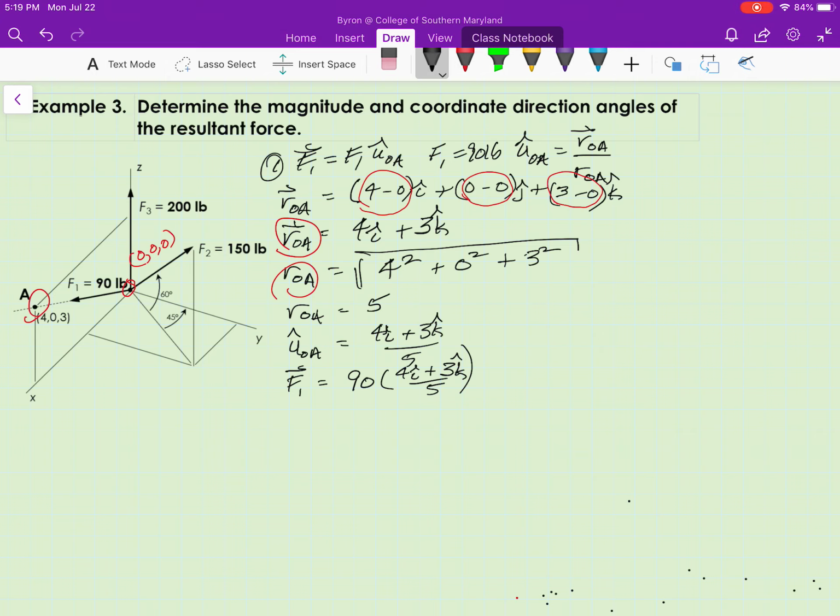Okay, and we do some more math there, and we end up with the vector F sub 1 written in Cartesian form as 72i plus 54k.